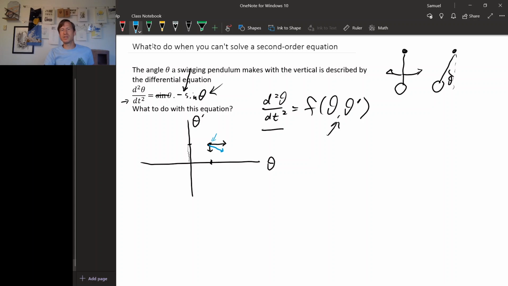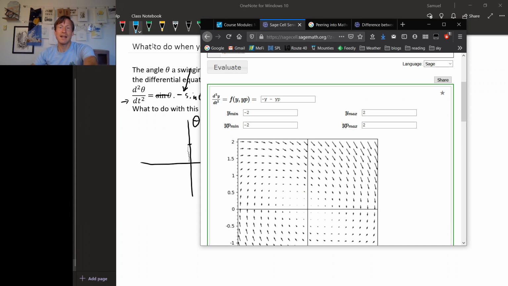And you can imagine we could do this for lots and lots of points in the plane, and then solutions would just follow the arrows around. That's exactly like drawing a phase line for a first order equation, but it's for a second order equation, so it's drawing a phase plane. And there are some nice ways to do this with software.